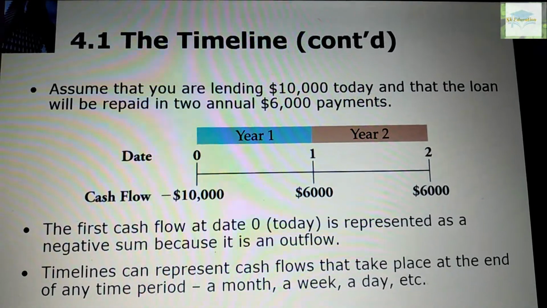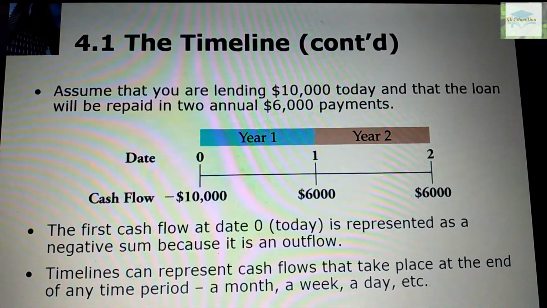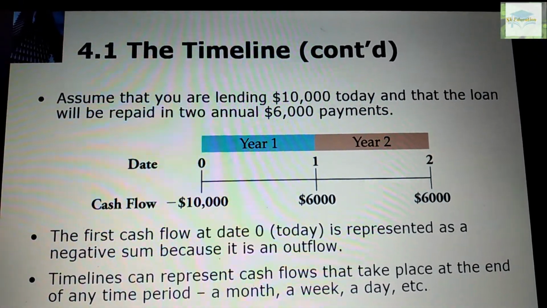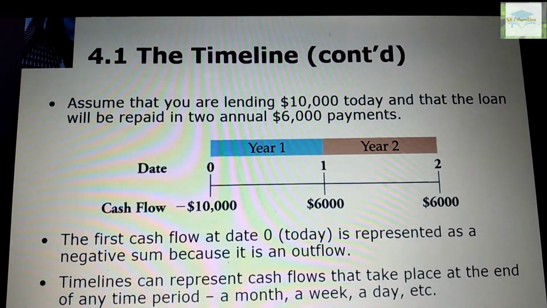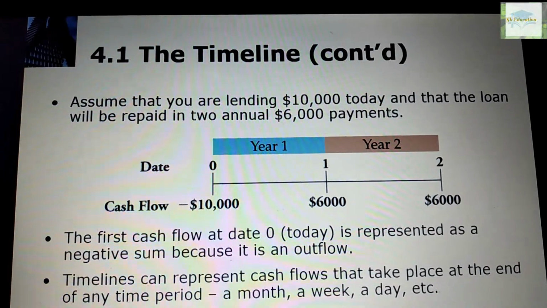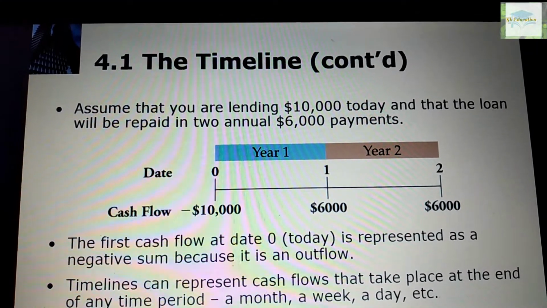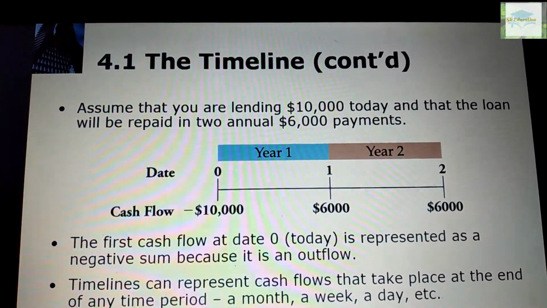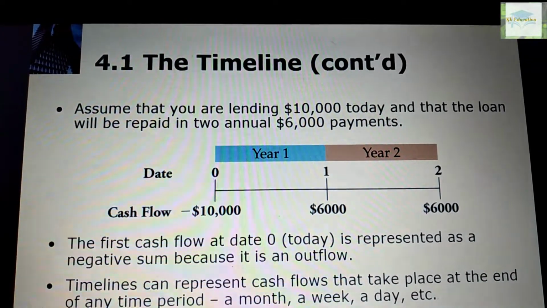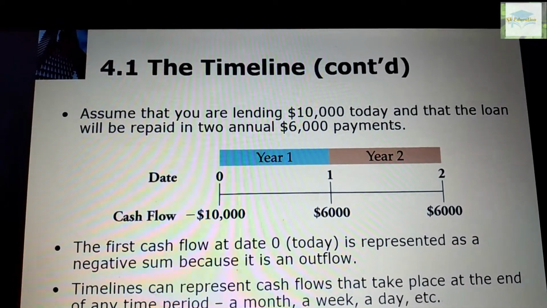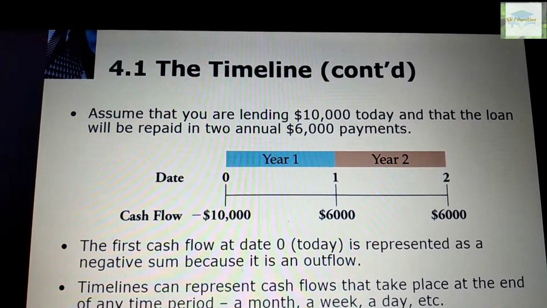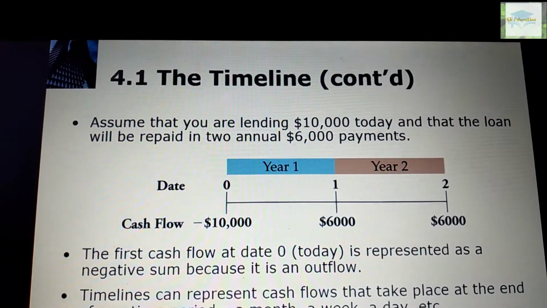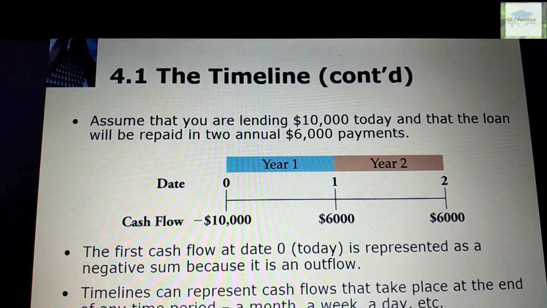So students, here is one example. Assume you are lending $10,000 today and that the loan will be repaid in 2 annual payments of $6,000. So that means 2 years. The timeline is 0 to 1 is 1 year and 1 to 2 is 2 years. Your cash flow is going out from your pocket, so minus sign at 0.